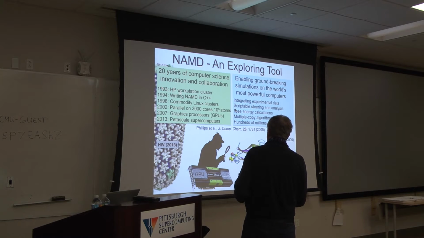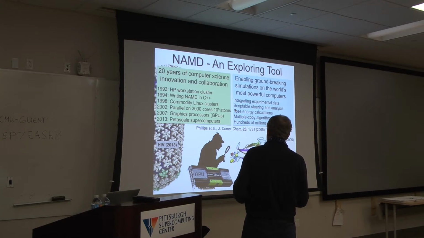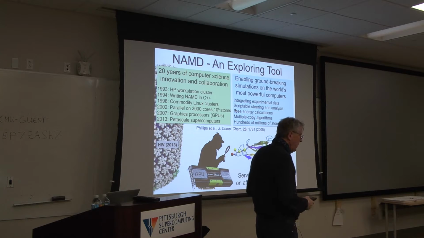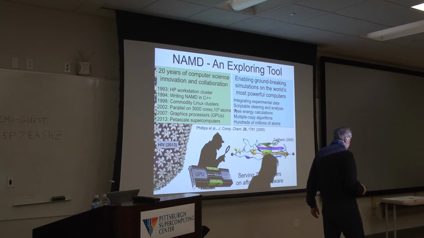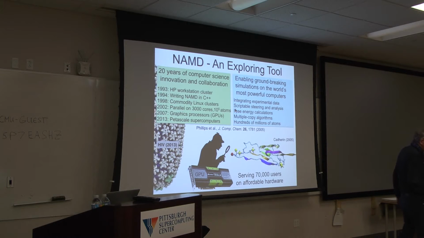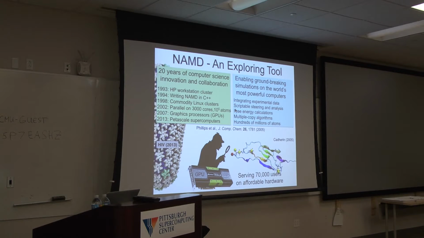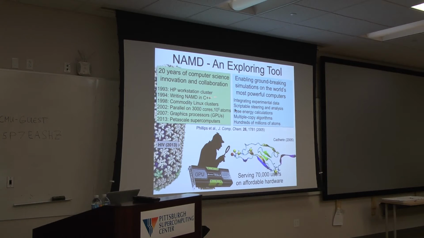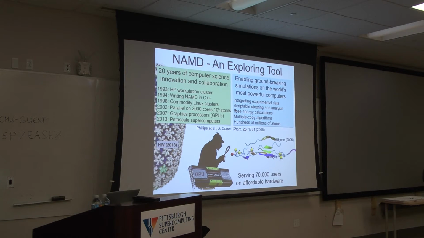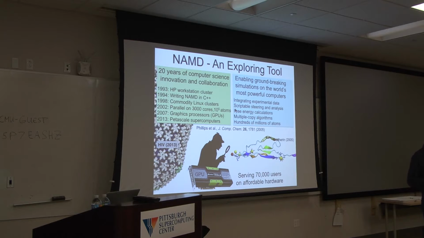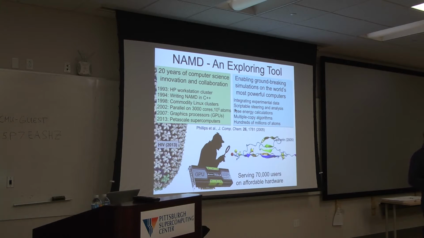It used workstation clusters in 1993. You might think that's obvious, but I can tell you in 1993, all the big computer centers and main computing people used big machines at the centers. And these machines in the companies, they are all dead today.